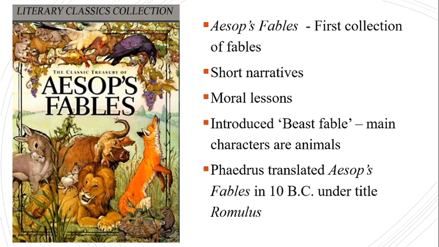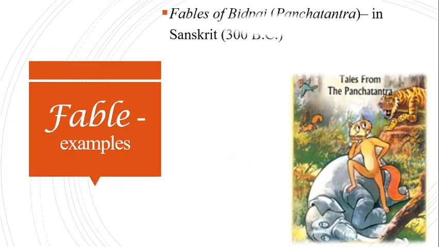The Roman writer Phaedrus brought out a translated version of Aesop's fables in the 10th century BC under the title Romulus. A famous collection of Indian fables is probably the Fables of Bidpai, very popularly known as the Panchatantra, written in Sanskrit in 300 BC.